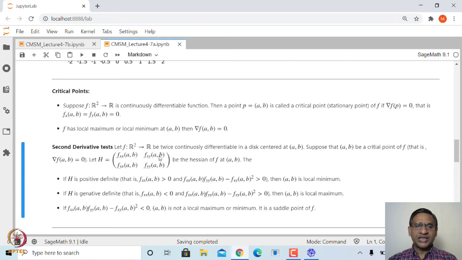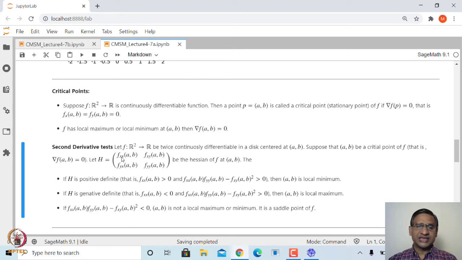In that case, the Hessian is called positive definite if all its eigenvalues are positive, or equivalently, f_xx at (a, b) is positive and its determinant is also positive. Then we say that the Hessian is positive definite, and it is negative definite if minus H is positive definite.